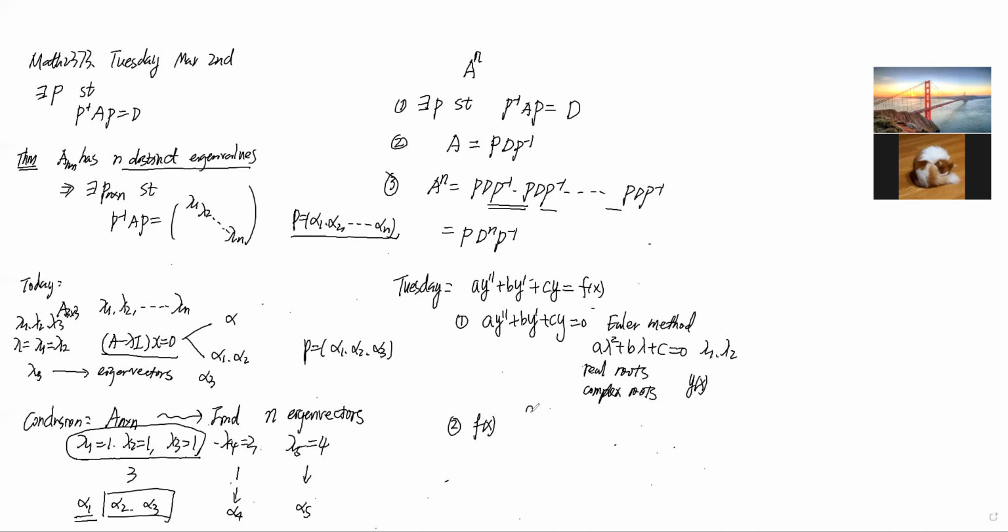For example, in general, f(x) could be e to the ax, or cosine ax, or sine ax, or a constant, or a polynomial a_p x to the p, up to a_1 x plus a_0, or e to the ax cosine bx, or e to the ax sine bx.